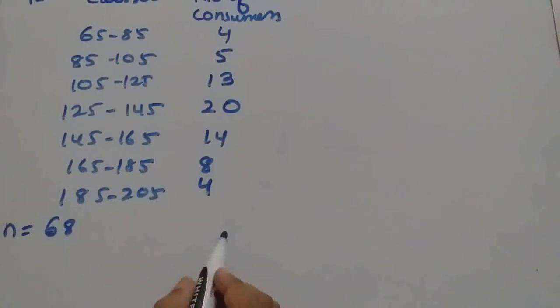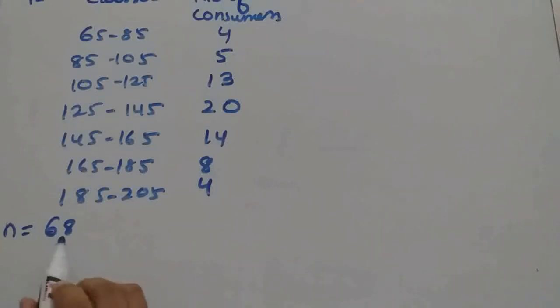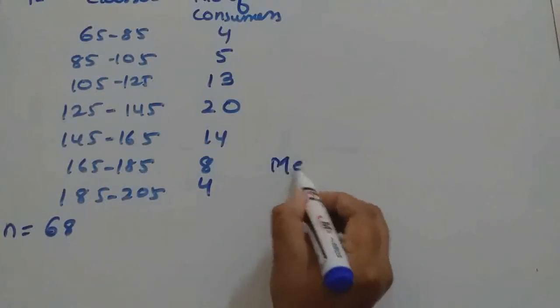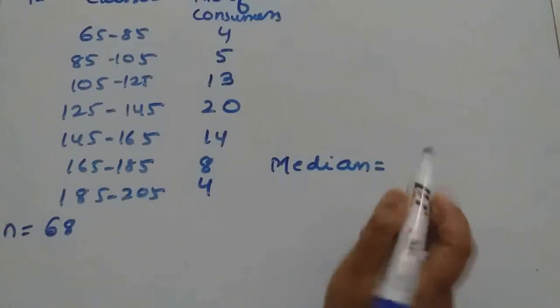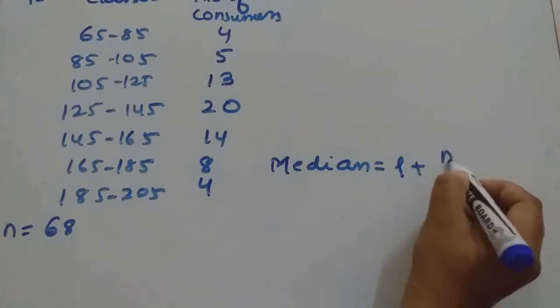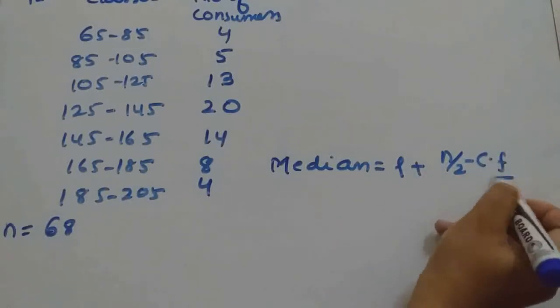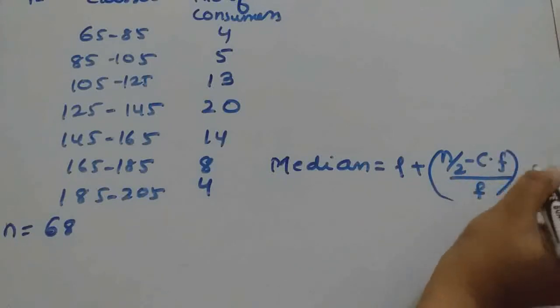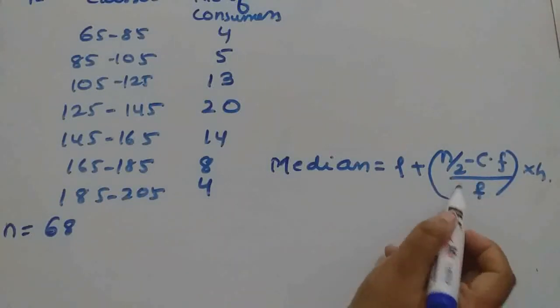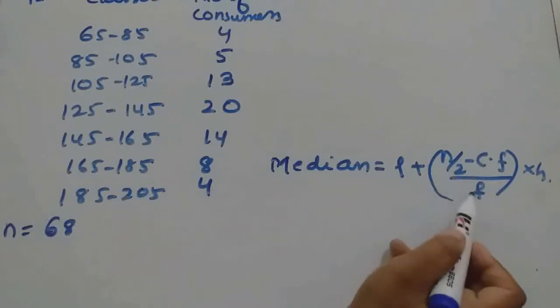Find the median, mean and mode of the data and compare them. So now we know median is given by the formula L plus (n/2 minus CF) divided by F into H. So before that we should find all these things, isn't it?